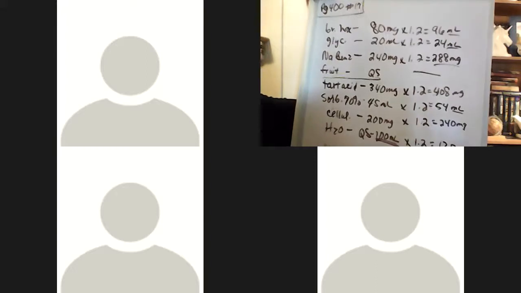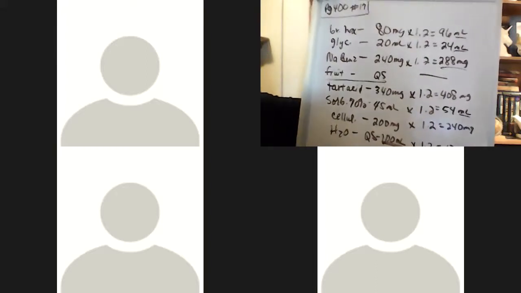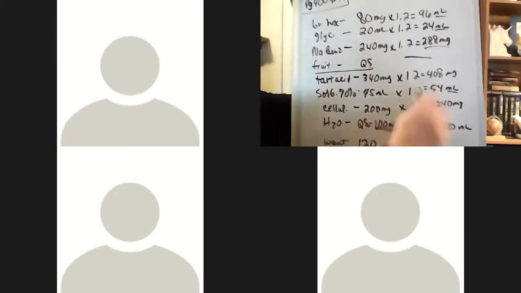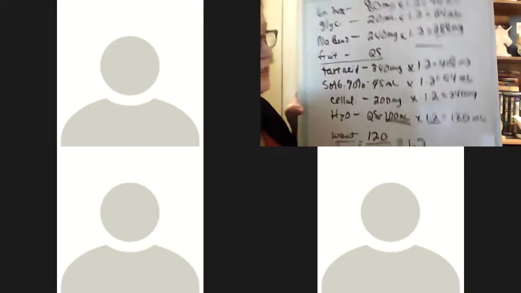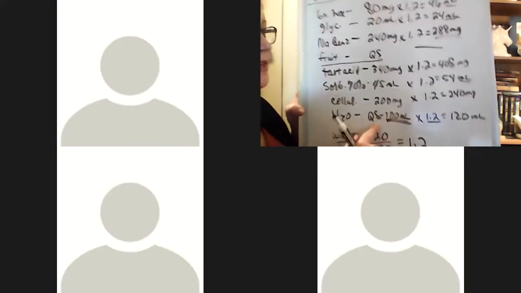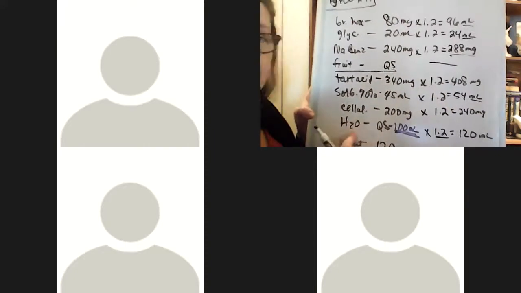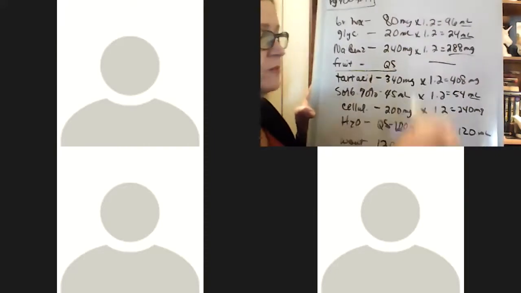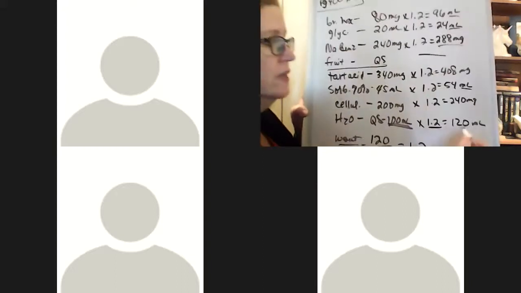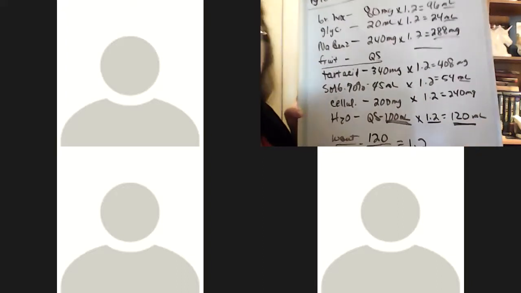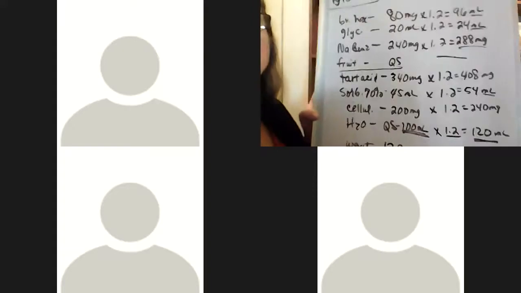What's the powder volume? Because that's probably a powder. So until you figure that powder volume, and this is why it says QS, because you're going to mix these things together without this water, and then you're going to pour it in a bottle and add water till you get to the 120 milliliter line. Okay, so that's the QS.